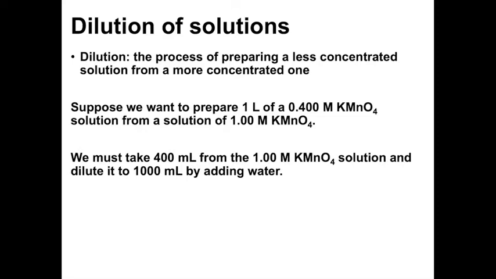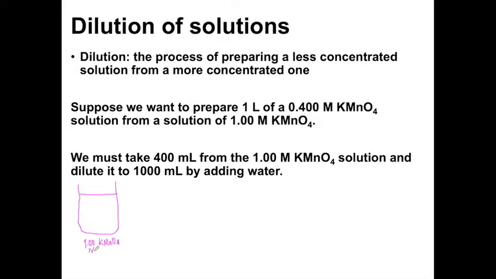So it already says here how we are supposed to do it. We must take 400 ml from the 1 molar potassium permanganate solution and dilute it to 1000 ml by adding water. So for you to be able to comprehend what these statements are saying, let's say we have here 1 molar potassium permanganate.